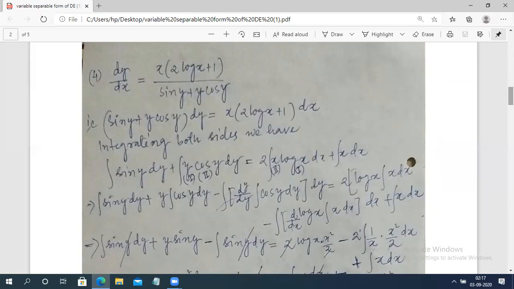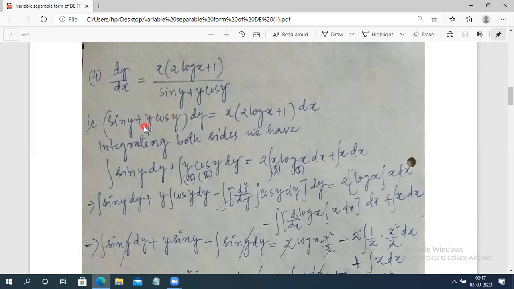Now let's start with another question. It is given that dy by dx is equal to (x² log x plus 1) upon (sin y plus y cos y). Now we simply write this (sin y plus y cos y) along with dy, and (x² log x plus 1) along with dx.